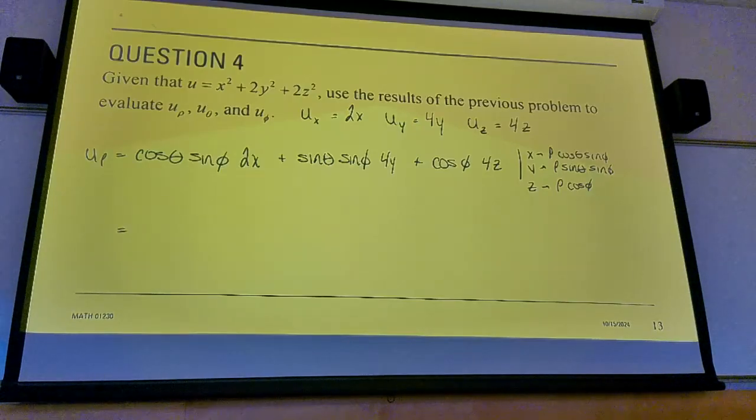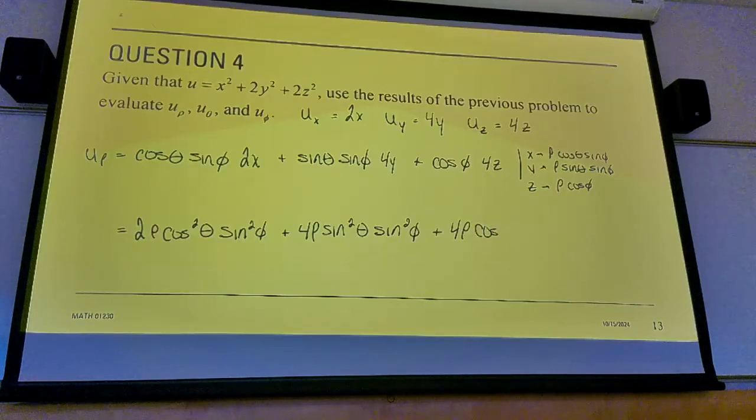And so it becomes 2 rho cosine squared theta sine squared phi, plus 4 rho sine squared theta sine squared phi, plus 4 rho cosine squared phi. Can that be simplified?